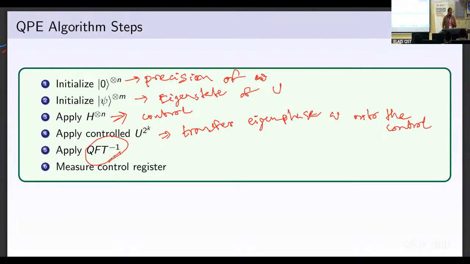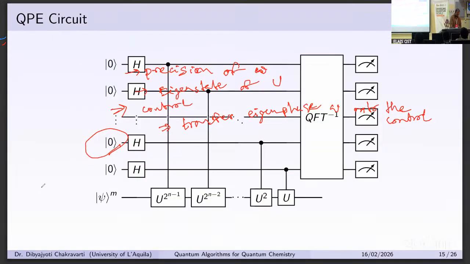What QFT did was transform the state from the computational basis to a Fourier basis, but now we already have it in the Fourier basis after applying controlled unitaries. So we now have to take it back to the computational basis because we want to measure it and find the eigenvalue. And then finally we measure the control register and we have the eigenvalue of the unitary. So moving on to the circuit structure.